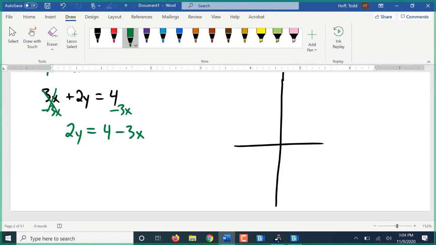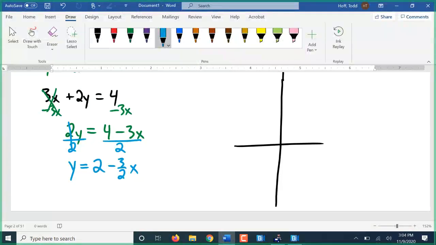Now we have to get rid of the 2. We're going to divide by 2. So that 2 is gone. We have to divide every digit on the other side. So 4 divided by 2 is just 2. Negative 3x divided by 2, we're just going to make that negative 3 over 2 times x. So we just treat that division problem as a fraction.